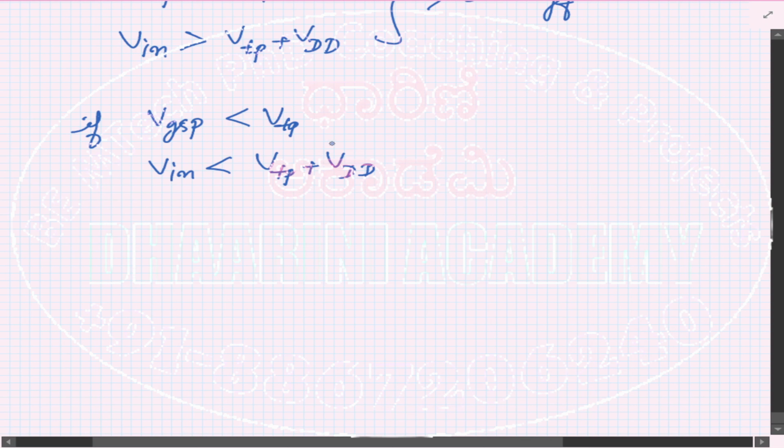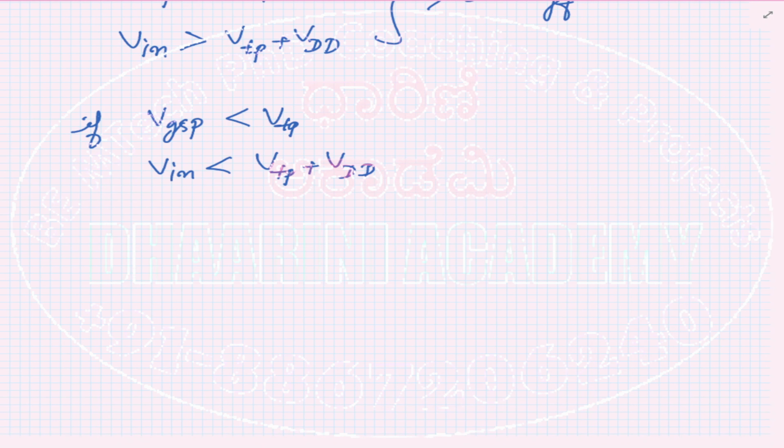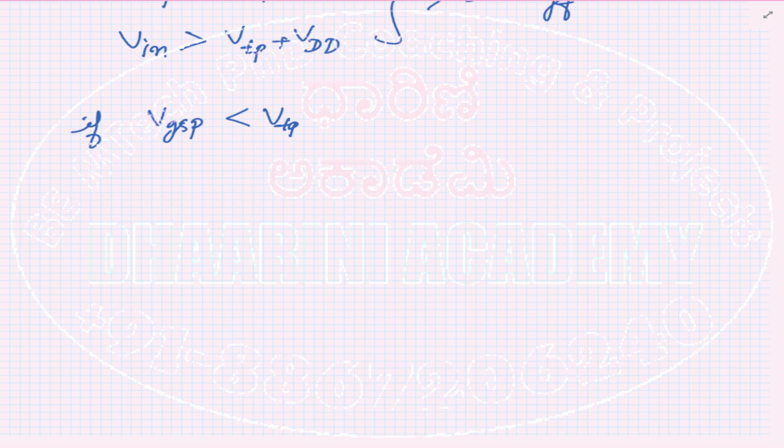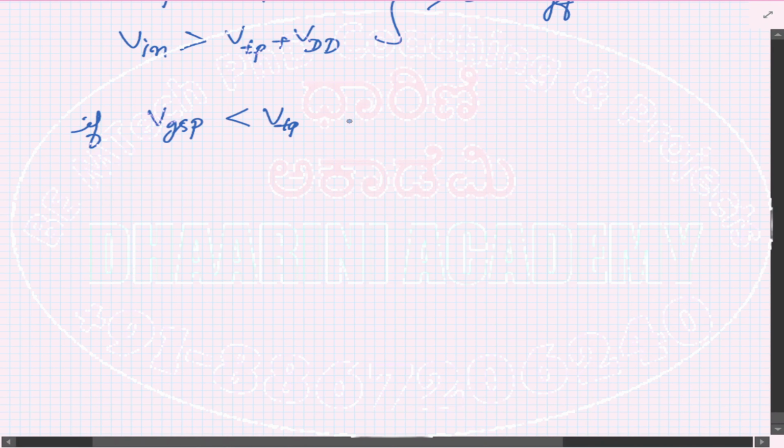I'll move it away so this becomes easy to understand. So I'll write the second condition here: Vin less than the threshold of a PMOS plus VDD. Okay, this is the condition.